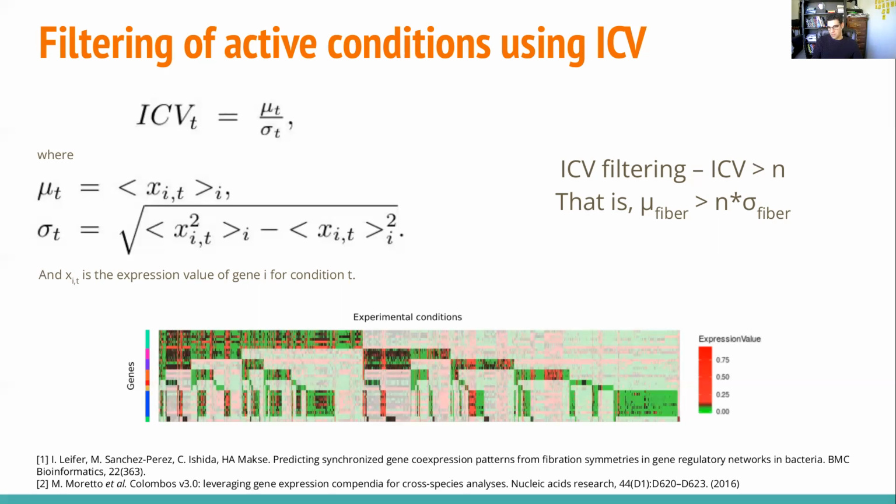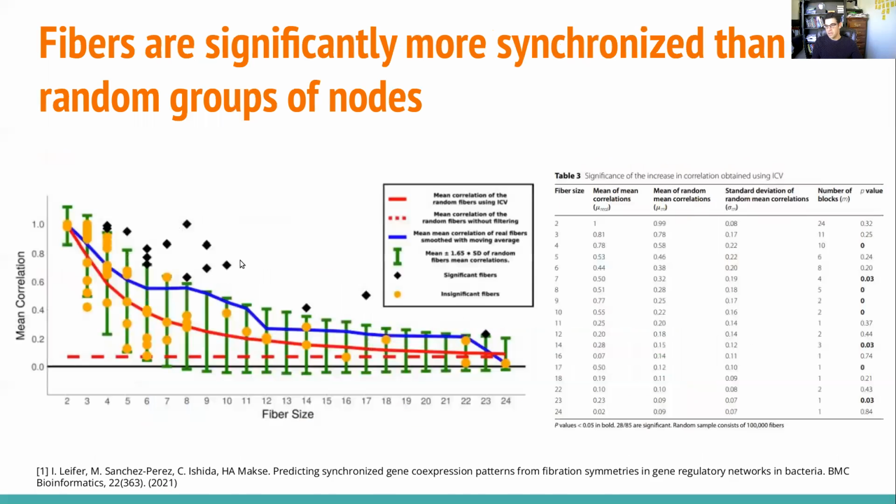It's common that this data is taken from Columbus, a very popular gene database, and that's the filtering that they do, and we reproduced it here. We did the significance analysis here, and again we see that the blue line is above red, but there are fewer fibers that are significant.